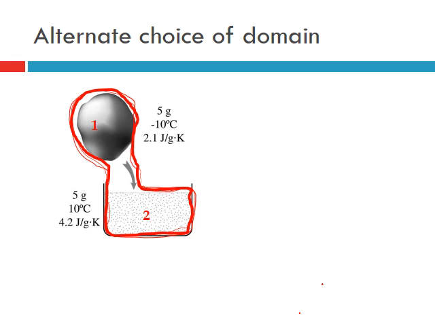So both 1 and 2 are inside the domain, and we're going to redo the same problem and try to use the word equation: in minus out plus generation equal to change in storage.